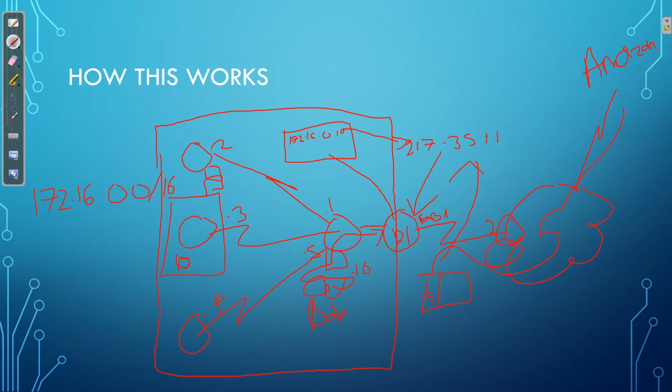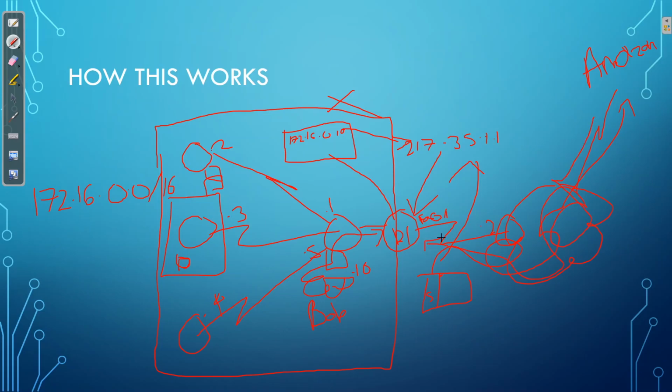It gets routed all the way to Amazon. Amazon, when they respond to me, know how to get the traffic back to company X. The reason is that everybody on the internet knows that the public IP address 217.35.1.1 is used to identify and is used by company X. So the traffic goes all the way over the internet back to me.